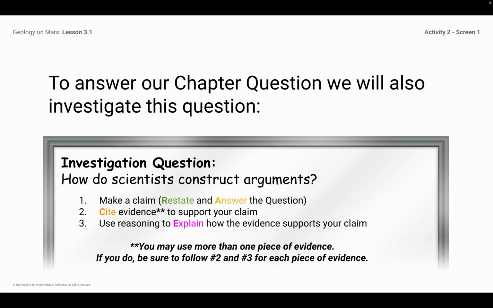And then number 3 is using reasoning to explain how the evidence supports your claim. The definition of reasoning is being able to explain further how your evidence supports your claim. So I color-coded these because I want you to see that this really is RACE.